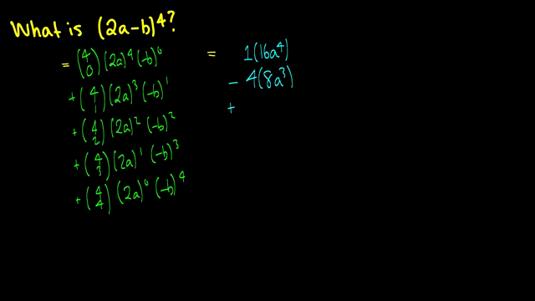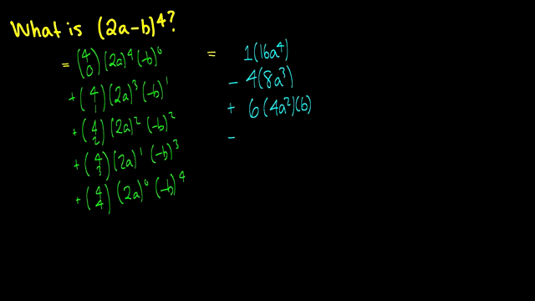Then we will add 4 choose 2, which is going to be 4 factorial over 2 factorial times 2 factorial, which is going to be 6 times 4a squared times b.